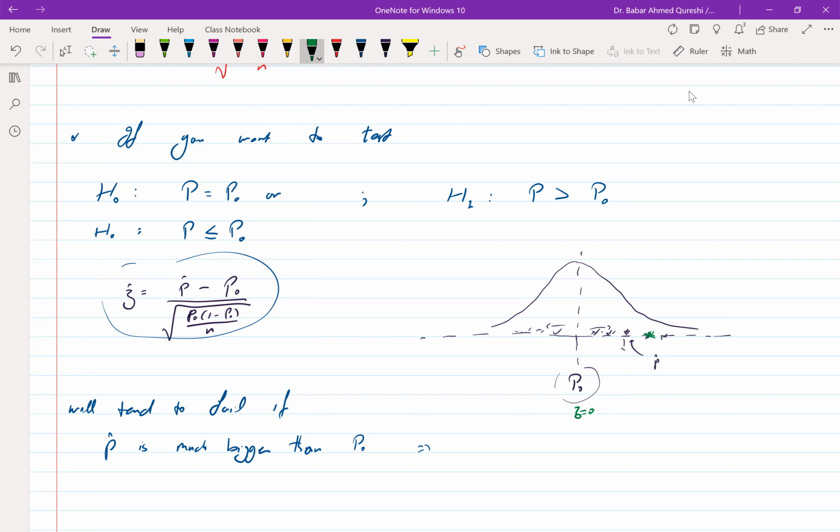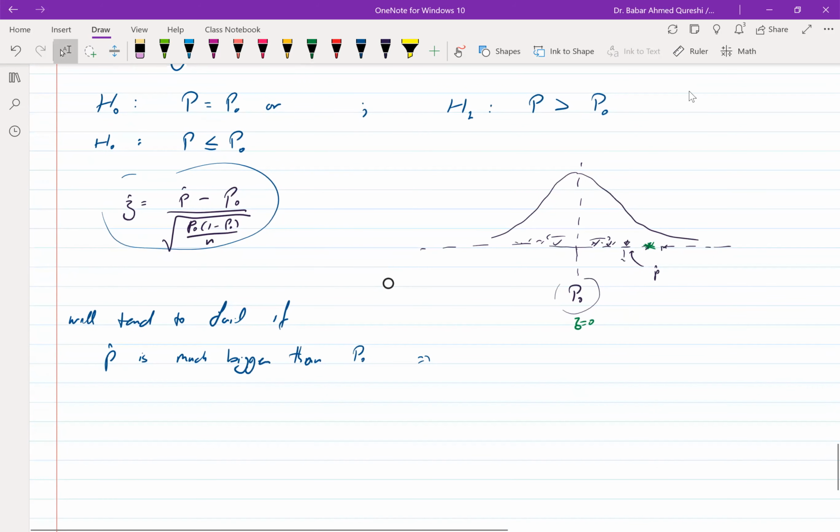If I got a sample proportion equal to P naught, I'll land at 0, and that would be the most probable thing. But if you're landing way far over here, when P hat is much bigger than P naught, z hat would be much bigger than 0, because it's going on the right hand side. By much, you have to define how much bigger.